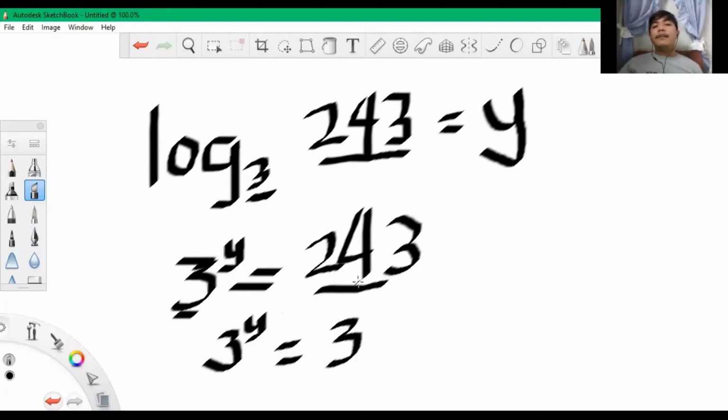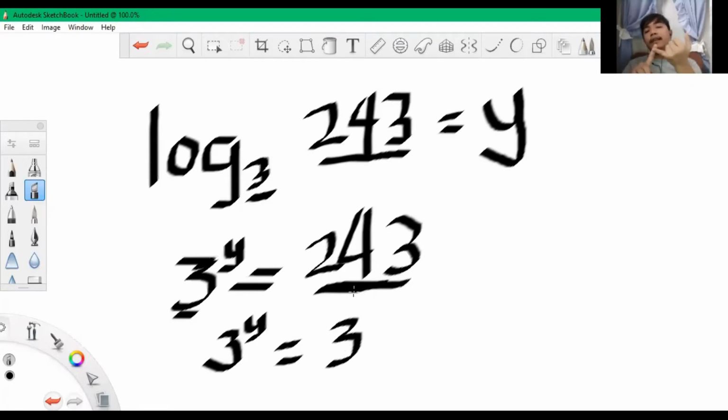But paano magiging equal si 3 sa 243? So we have to think of a number na pwedeng maging exponent ng 3 para maging equivalent siya into 243. So, any guess kung ano yung pwede nating maging number? So, para mas mabilis, we can manually solve for that.